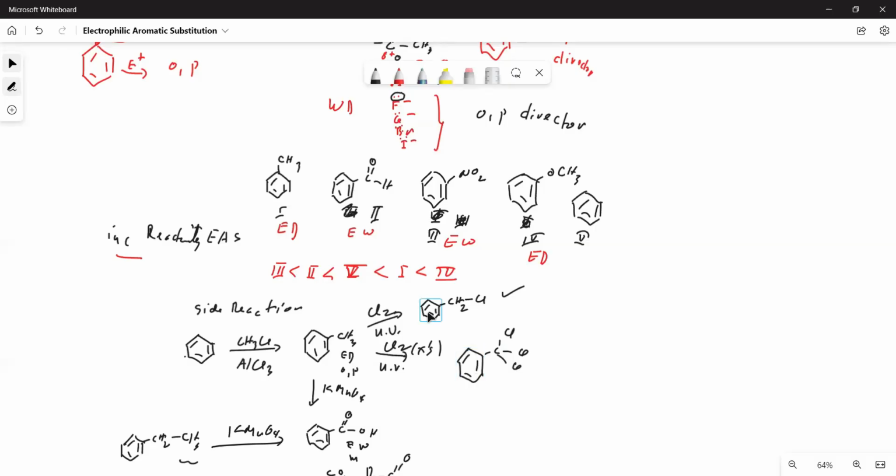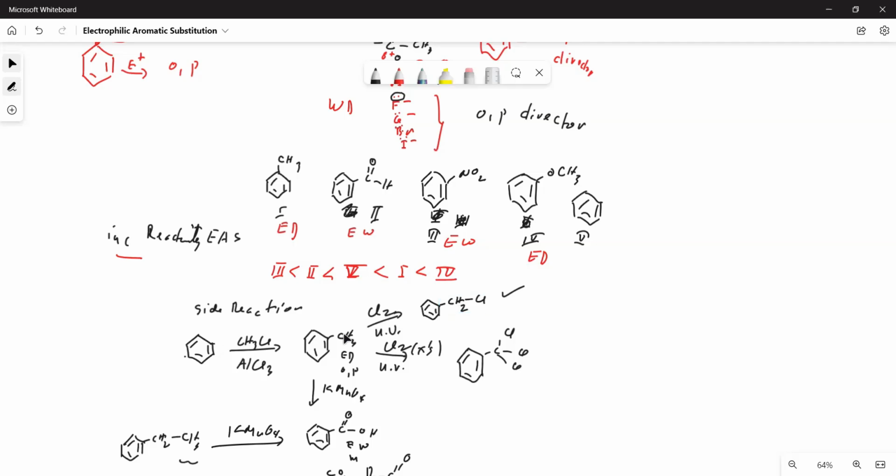And you can see the change in the property of this product. You see, your methyl is an ortho-para director, right? Because it is an electron donating group. But here, you attach a chlorine. So the methyl group is still electron donating because there are 2 hydrogens.